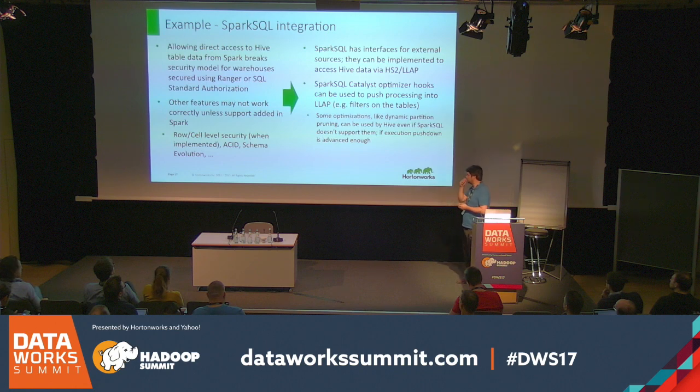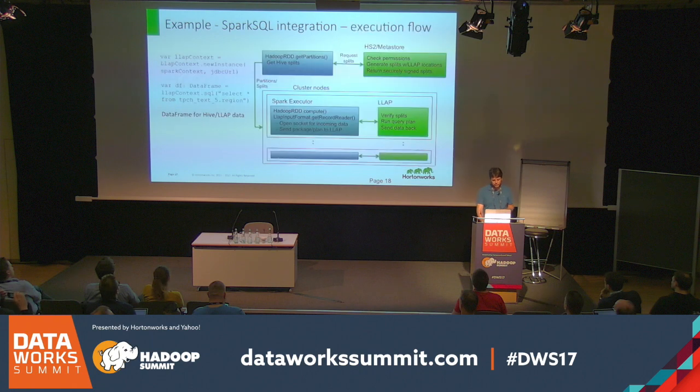It has to know how to do schema evolution. It has to know how to do column level security itself. If that's not there, which it isn't today, you're losing out on these things and you're making trade-offs. But with this interface and the LLAP context that we've built, you can use all of Spark SQL and you can get these benefits from LLAP as well, which I think is pretty cool.